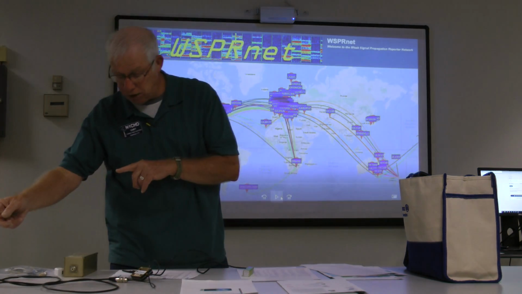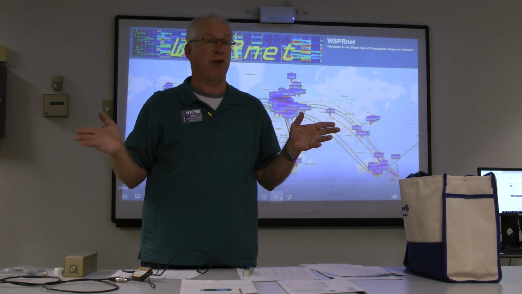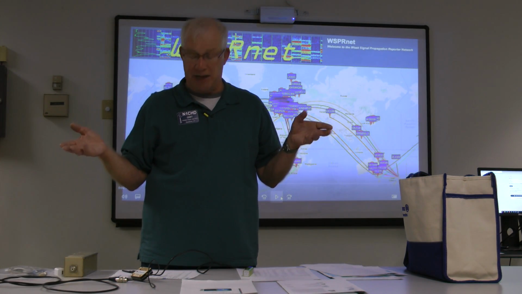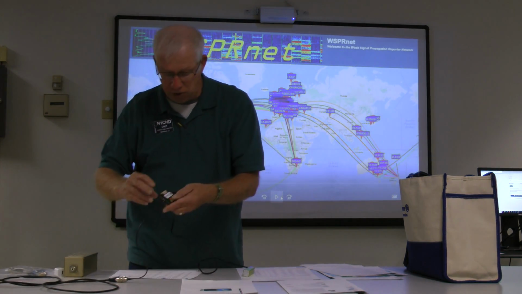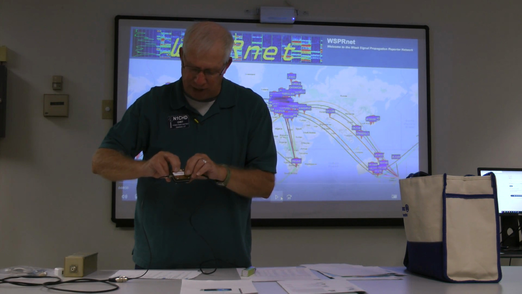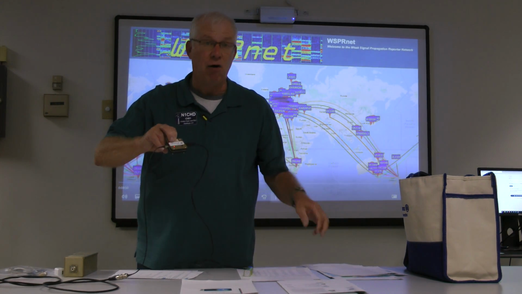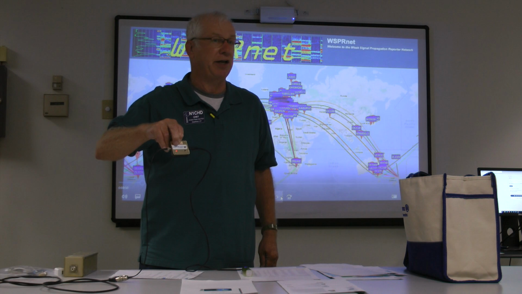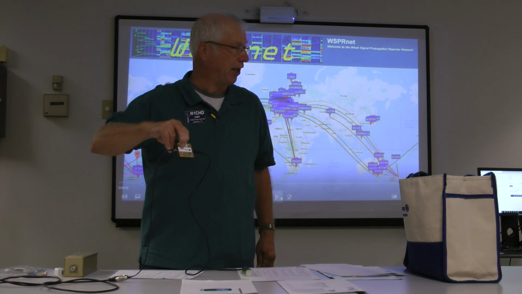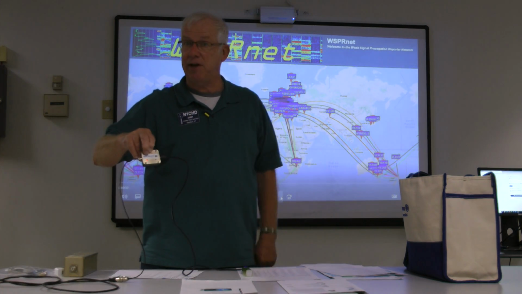But because I'm running into a dummy load, it really makes no difference because I'm not transmitting anywhere out. So I'm just going to press this, and now it is transmitting. It's a solid color, just like you saw when the gentleman did it.